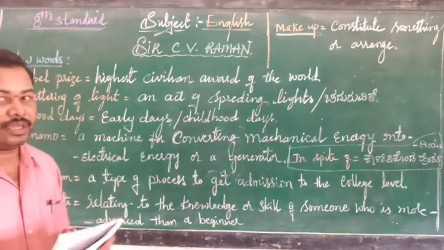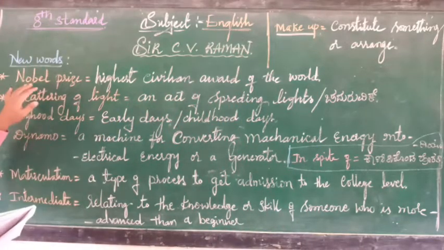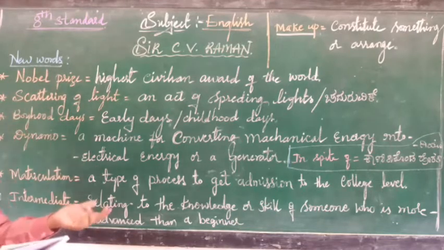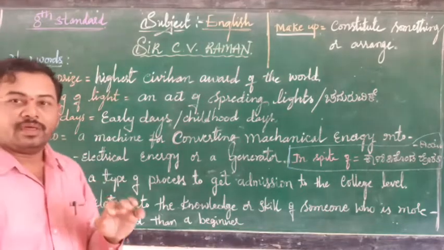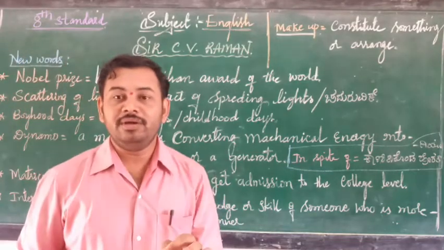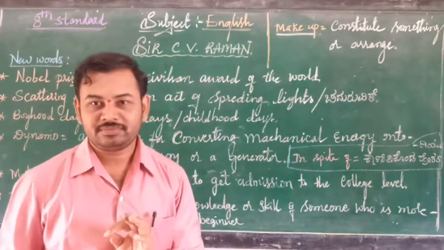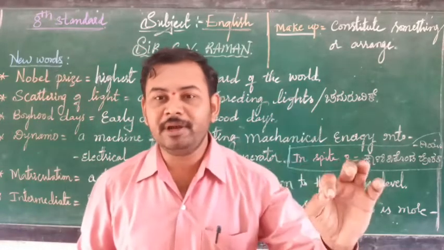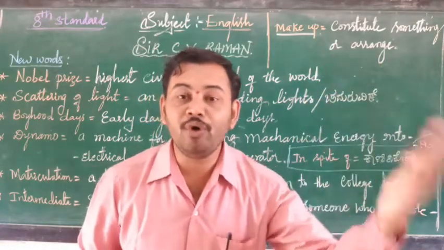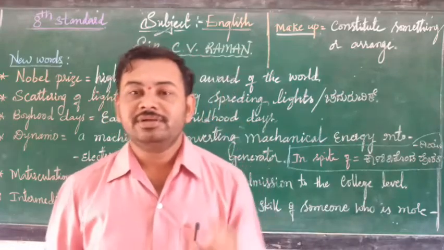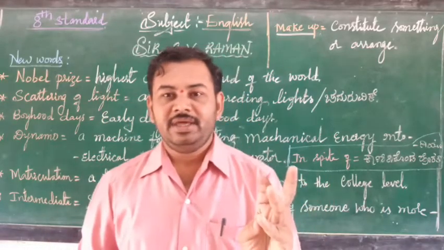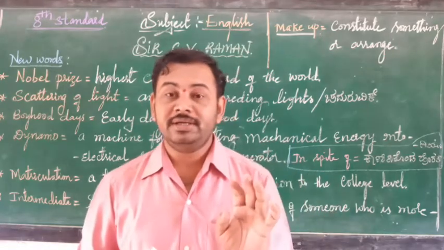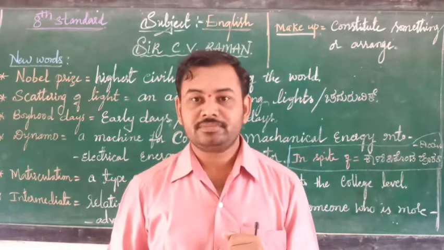First one, here, Nobel Prize. What is Nobel Prize? Dear student, it is the highest civilian award in the world. It is a prize given to the people who have achieved more in the field of science, especially physics, chemistry and the medical field also.